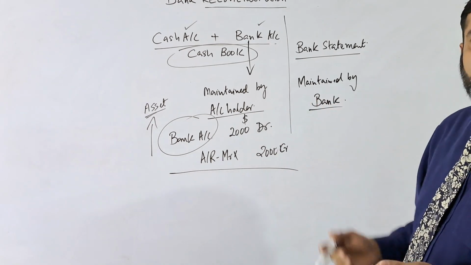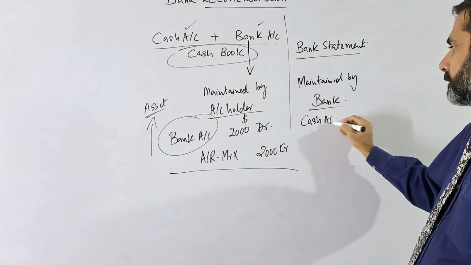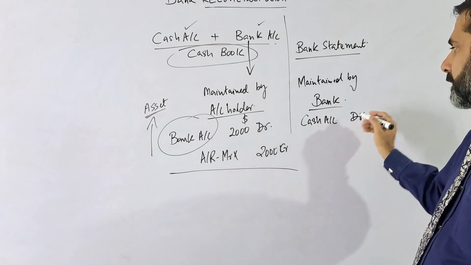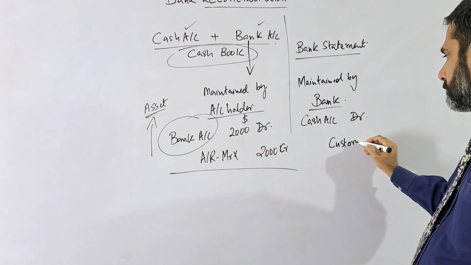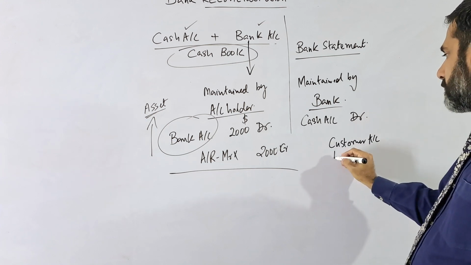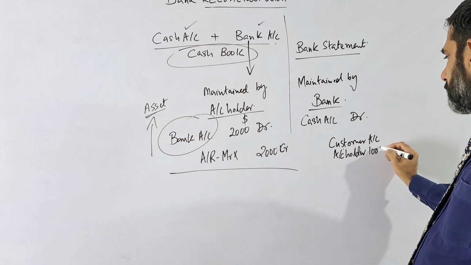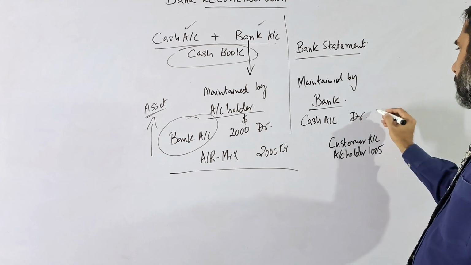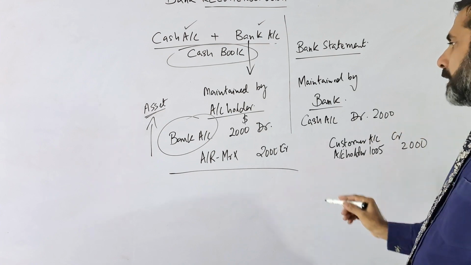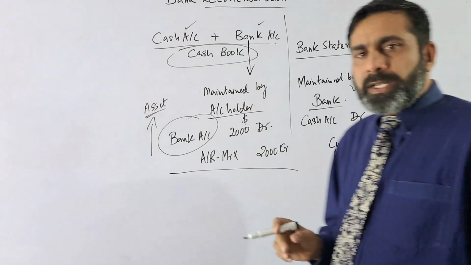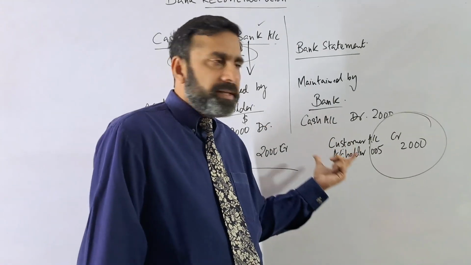The bank is receiving cash, so the cash account will be debited, and then the customer account, meaning the account holder, for example 1005, will be credited with 2,000.